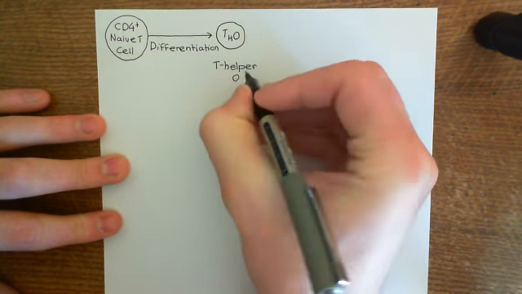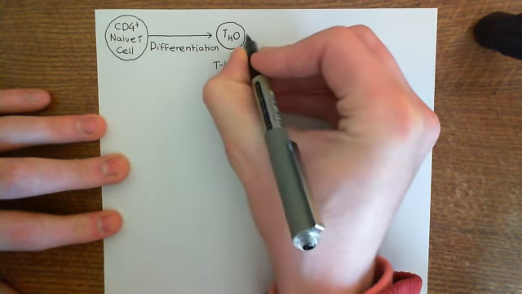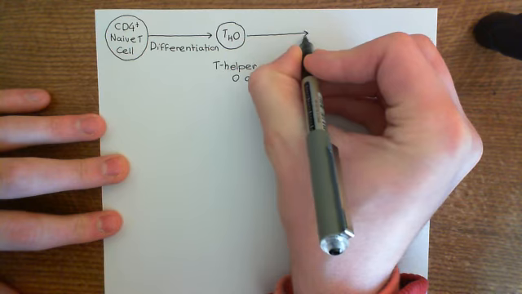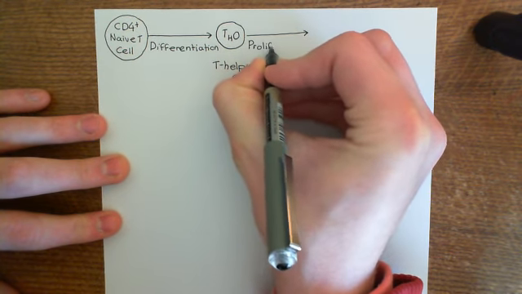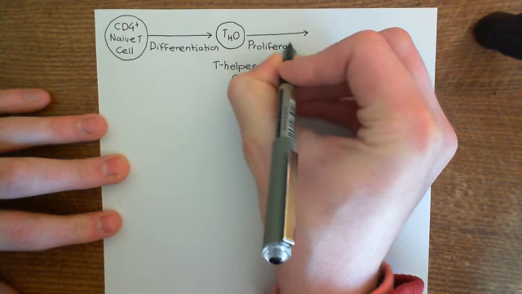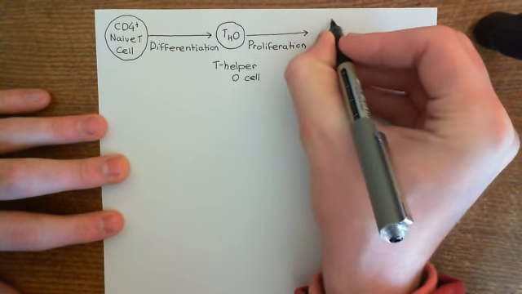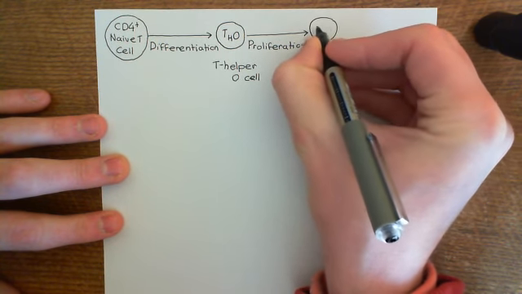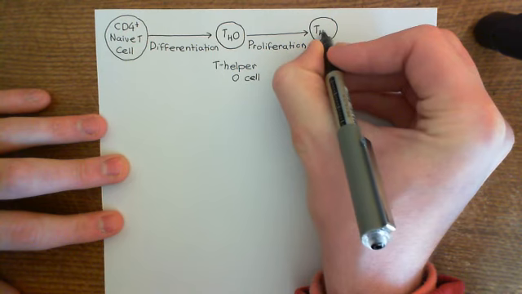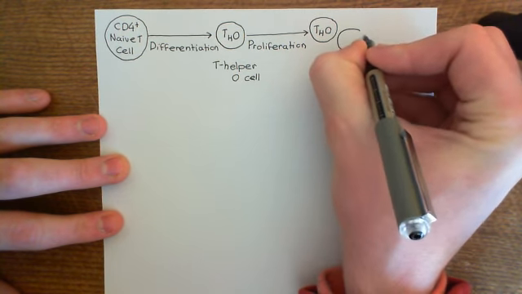Okay, then what's going to happen is this T helper naught cell is then going to proliferate. So the next process is proliferation. So it firstly differentiates from a naive CD4 positive T cell into a T helper naught cell, and now it's going to proliferate and it's going to make a whole population of T helper naught cells. Okay, so here we have our whole population of T helper naught cells.